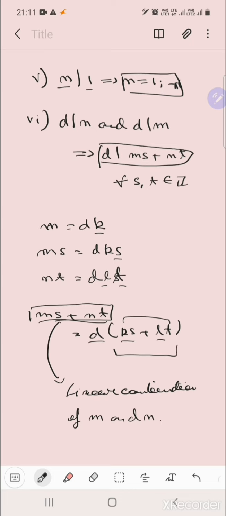If you have two integers m and n, and you form a new integer of this particular form, ms plus nt, where s and t are also integers, then this formed integer is called a linear combination of m and n. There is a lemma called Bezout's lemma, which solely describes the arithmetic of linear combinations. Clear?